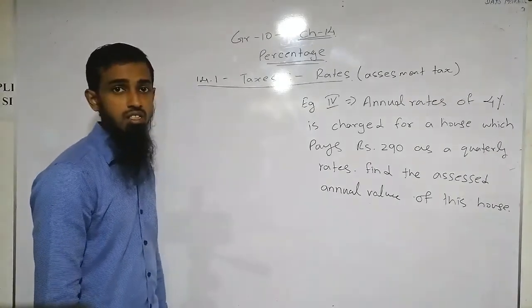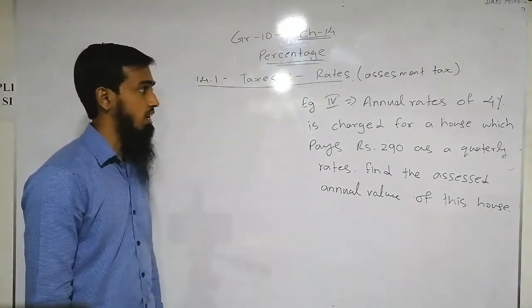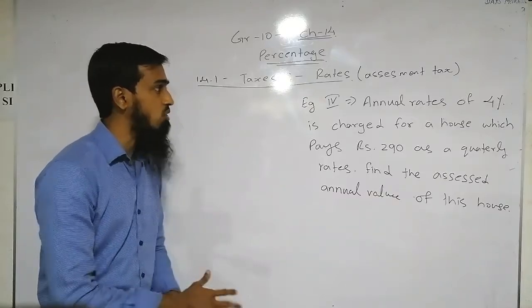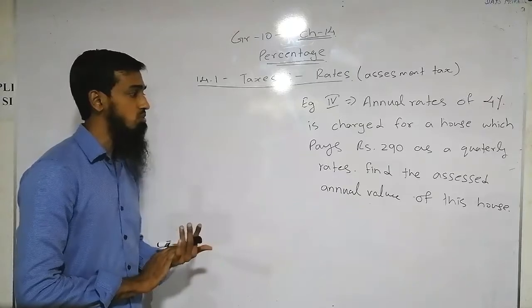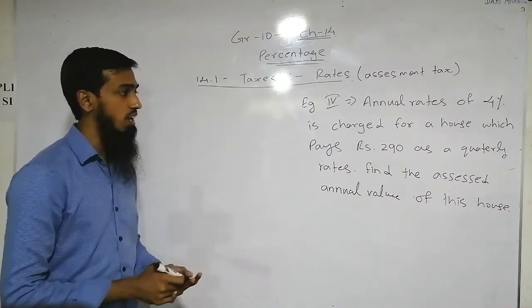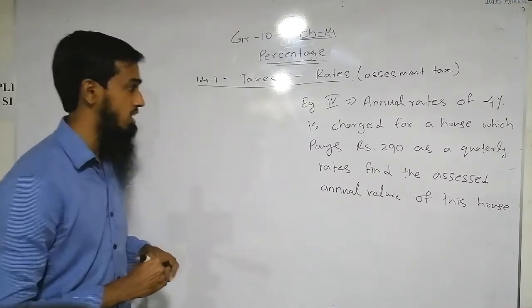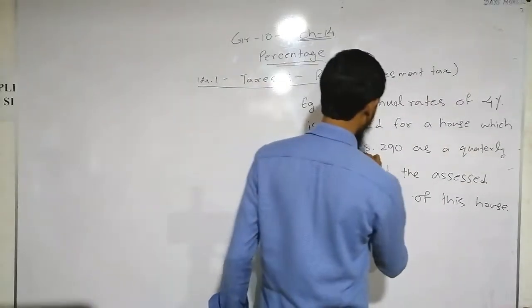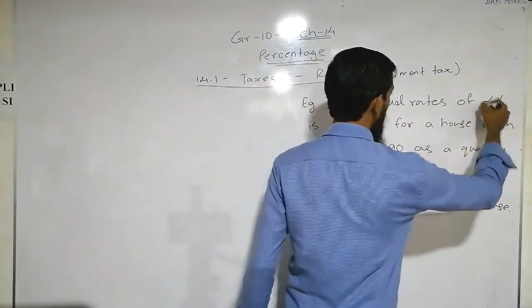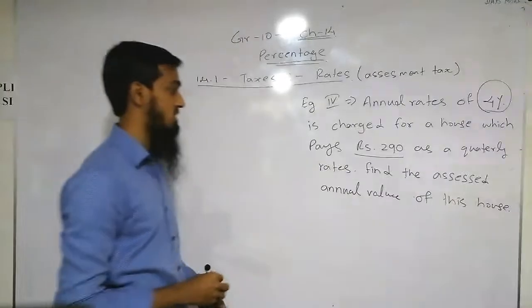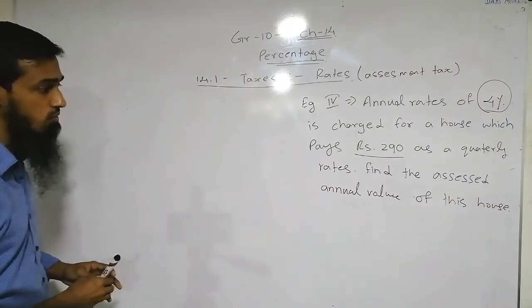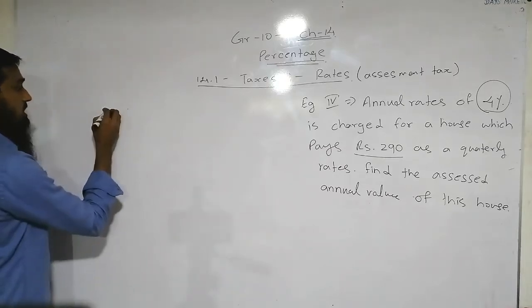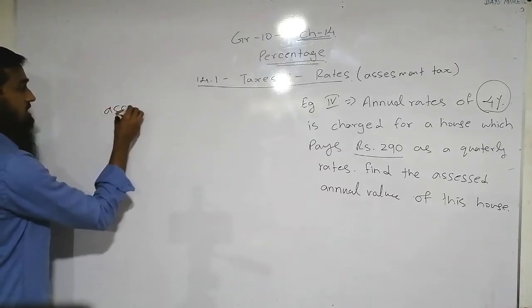So the last example under the rates. The fourth one: annual rates of 4% is charged for a house which pays 290 as quarterly rates. So we have been given the quarterly rates and the rate percentage. Find the assessed annual value of this house. So the rate is charged like this.